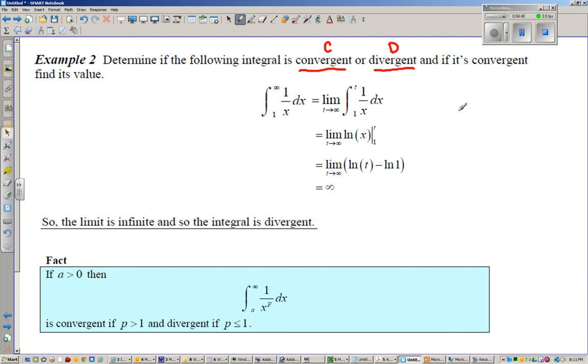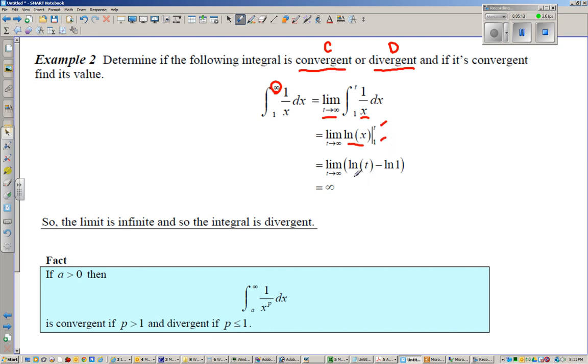So the integral is type 1 again because you see this infinity in one of the limits. So we're going to change this and say this is really a limit problem as t goes to infinity, and we'll rewrite the integral as 1 to t. So the antiderivative of 1 over x, of course, is the natural log of x. And our upper limit would be t and our lower limit 1.